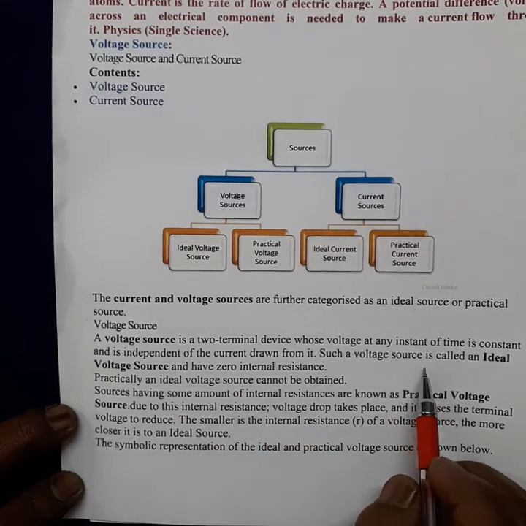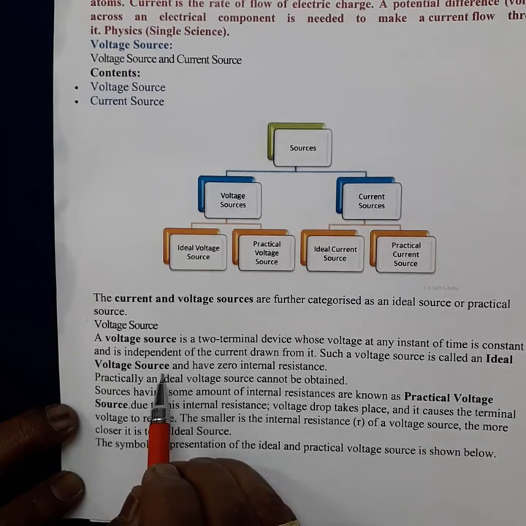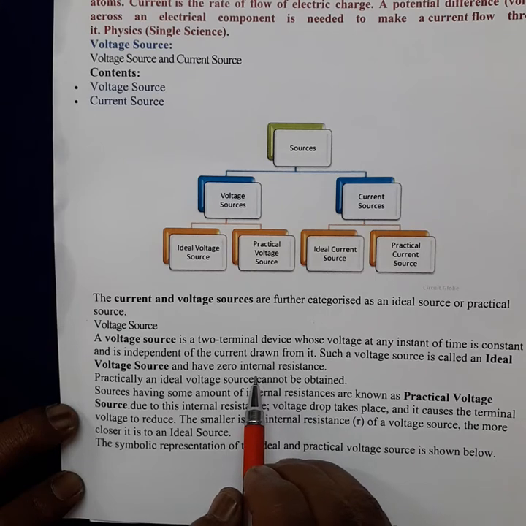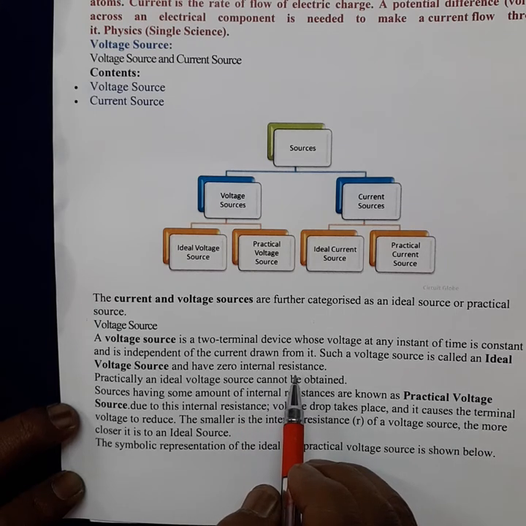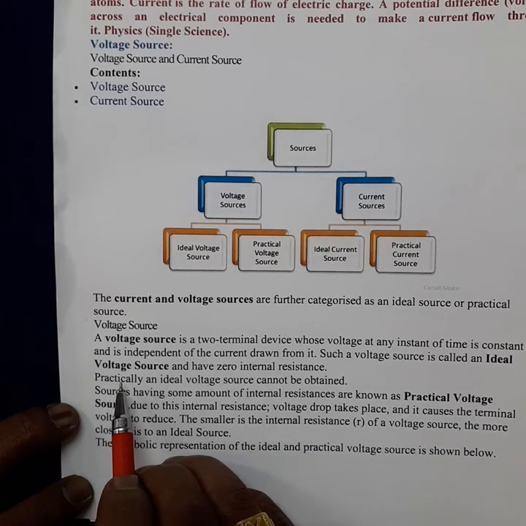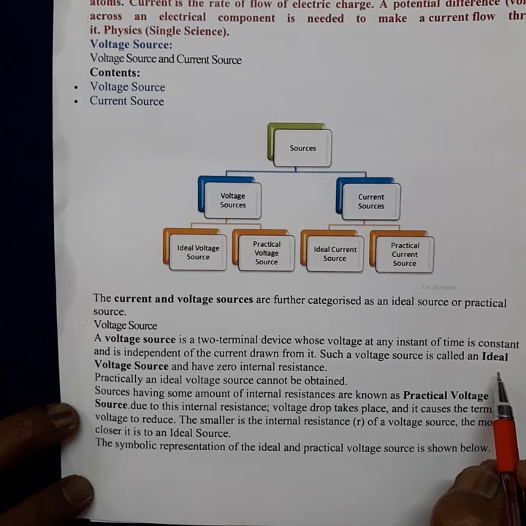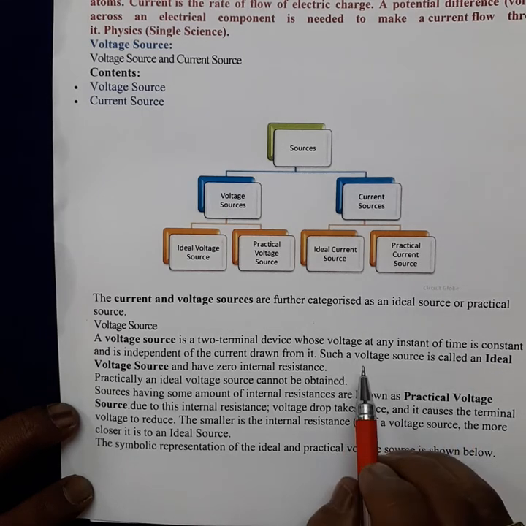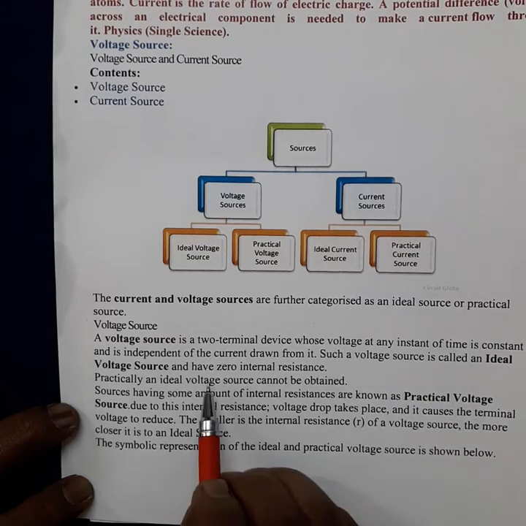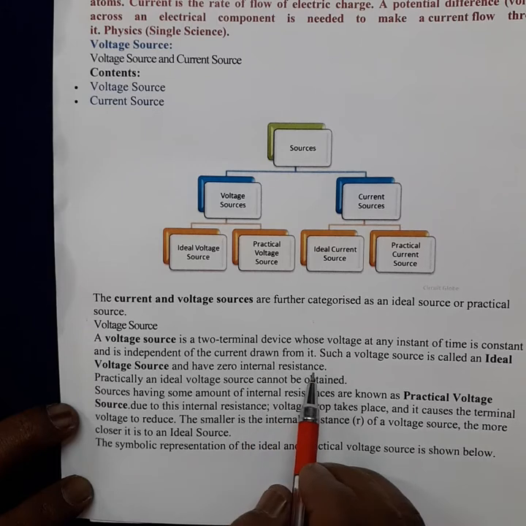Such a voltage source is called an ideal voltage source and has zero resistance, that is, zero internal resistance. You have to remember that we can call a voltage source ideal when the voltage at any instant of time is constant and that source must have zero internal resistance.